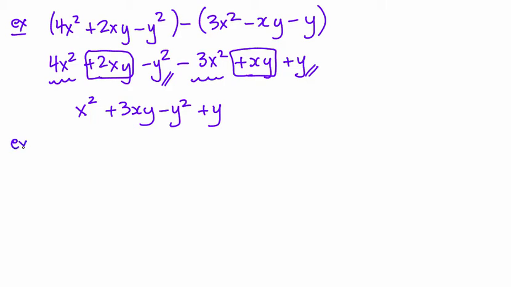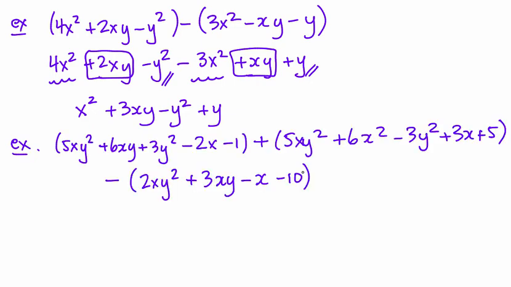So in this last example, my first polynomial is going to be 5xy squared plus 6xy plus 3y squared minus 2x minus 1, plus the polynomial 5xy squared plus 6x squared minus 3y squared plus 3x plus 5, take away the polynomial 2xy squared, 3xy plus, minus x minus 10.